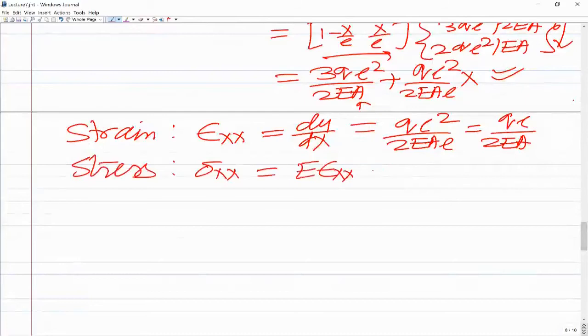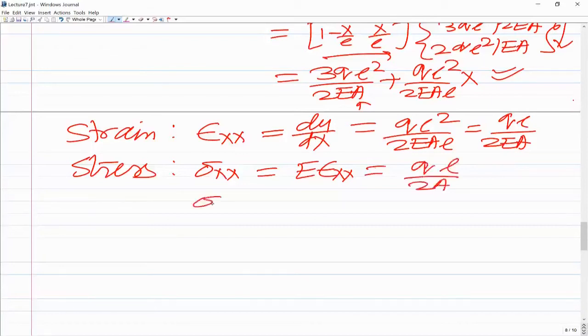This is a uniaxial state of stress. So other than sigma xx, all the stresses are zero. Sigma yy, sigma zz, tau xy, tau yz, tau zx, they are all zero. So this will be equal to qL upon 2A. So this is what is going to be the stress.